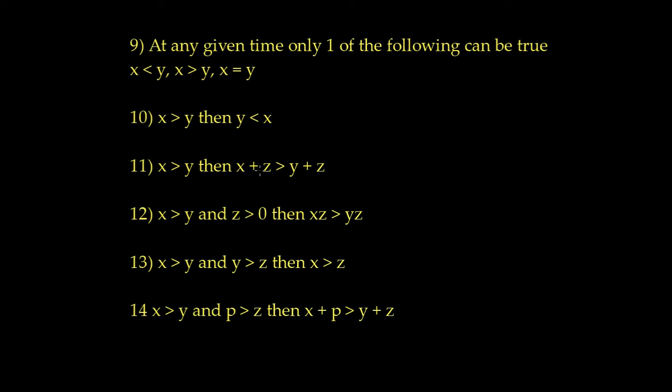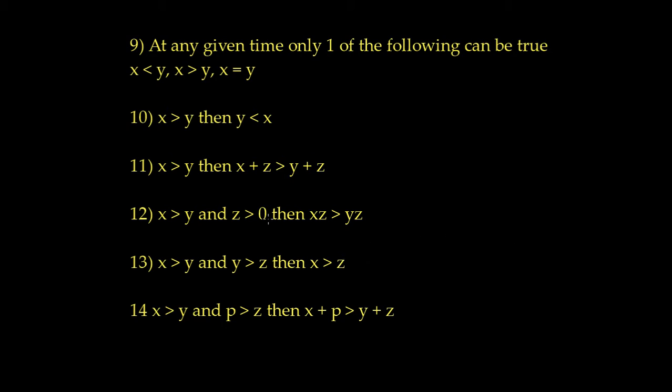It won't give me the same answer, but it will still be greater than. Same thing with, not the same thing, but if x is greater than y, and x is greater than 0, then if I multiply x times z, it's still greater than y times z. Then, x is greater than y, and y is greater than z, then x is greater than z.